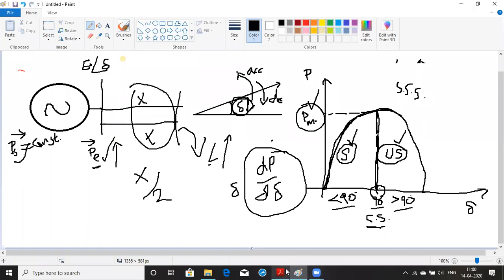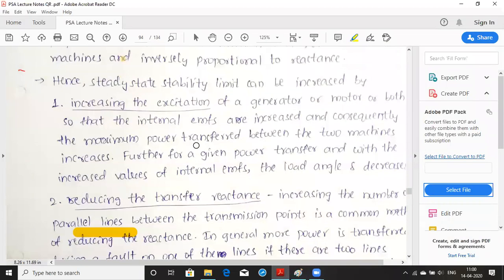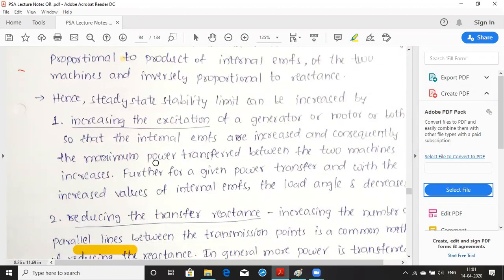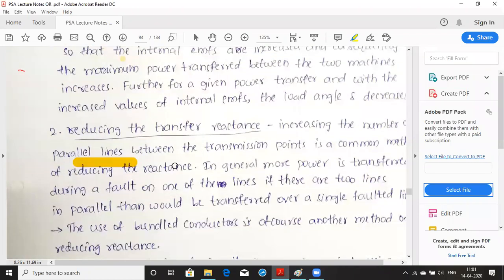If you are reducing the reactance, then what happens? The maximum power transfer will increase. So that's why we mostly use parallel transmission lines. That is the main reason why we use parallel transmission lines. Okay, what is another method?